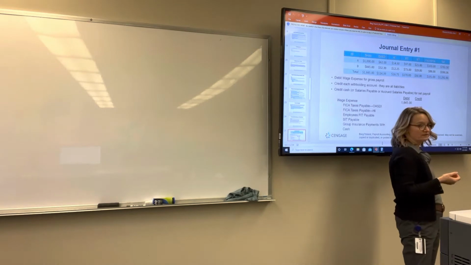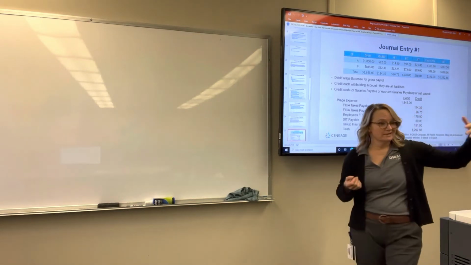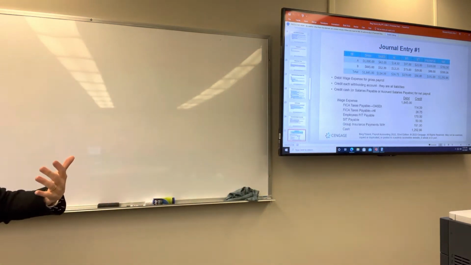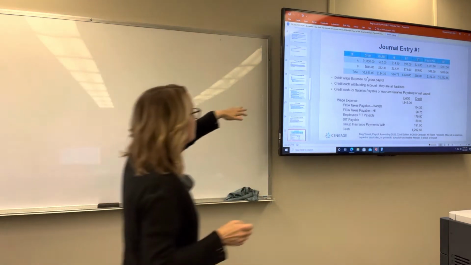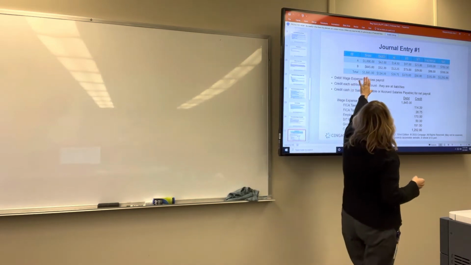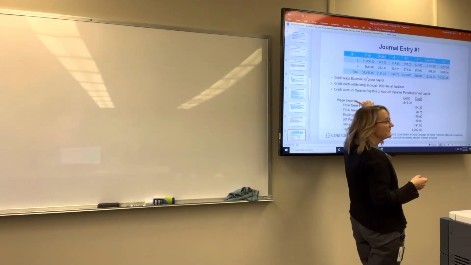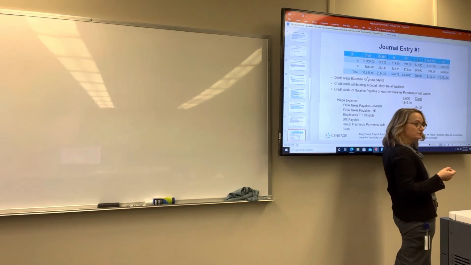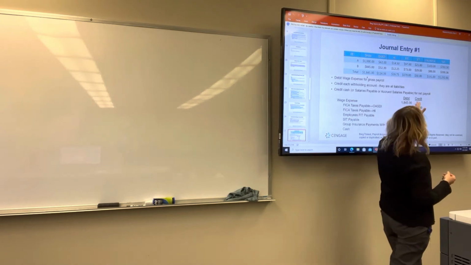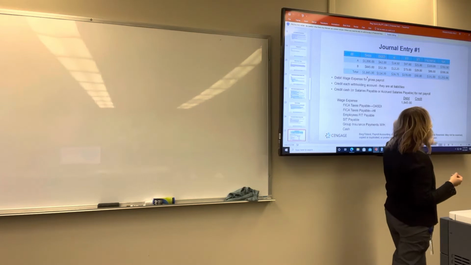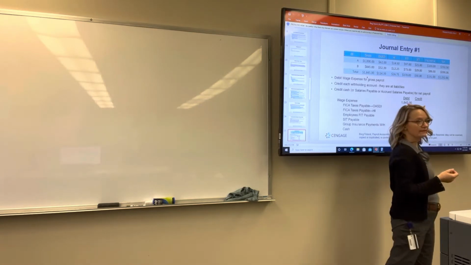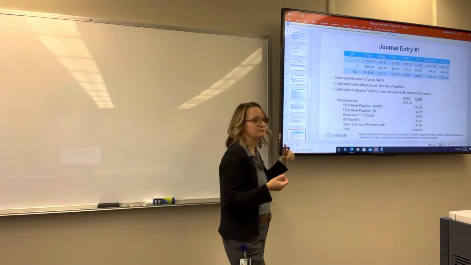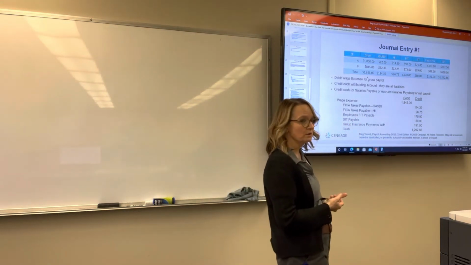That debit is really easy to figure out, because all you're going to do is see what the gross pay is for all the employees. And because the journal entries have to balance, both sides have to be equal, whatever we're entering on the credit side is going to total that debit amount. If it doesn't, something is wrong with your journal entry.